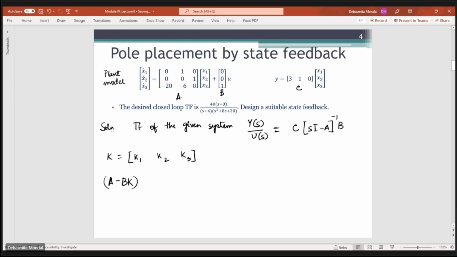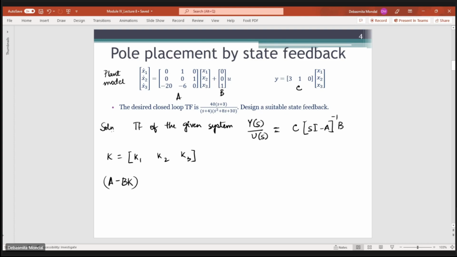So this matrix has the unknown variables K1, K2 and K3. We need to equate this matrix with something which is known to us. So we have to find out the desired value of A minus BK, given that the closed loop transfer function is this.